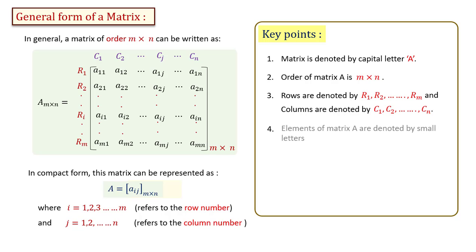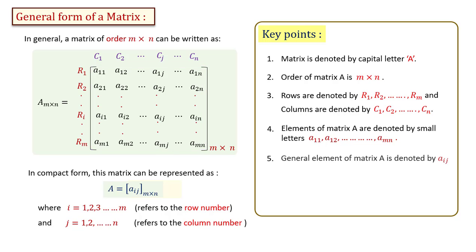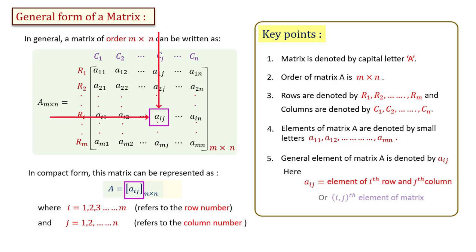Fourth, elements of matrix A are denoted by small letters A11, A12 up to Amn. Fifth, the general element of a matrix A is denoted by Aij. Here, Aij is the element of ith row and jth column, or the ijth element of the matrix.